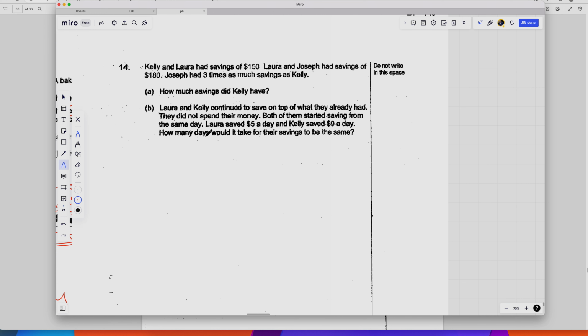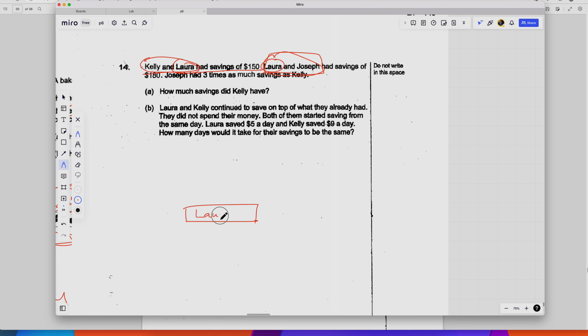So first, Kelly and Laura, 150. So let's say Kelly. And then here's Laura and Joseph, right? So you have Kelly and Laura, and you have Laura and Joseph. Can you see that Laura appears in both of them? So I think it's good that you have Laura.